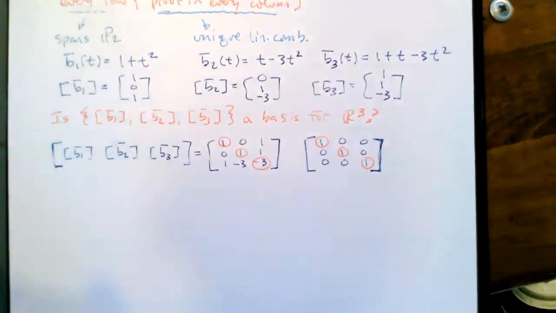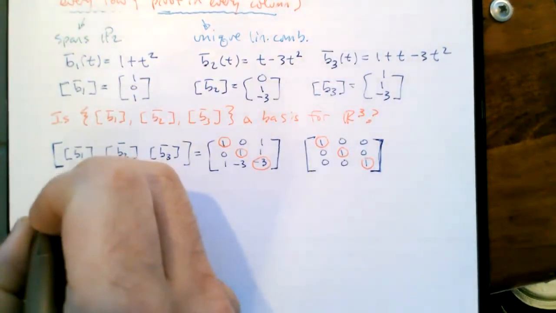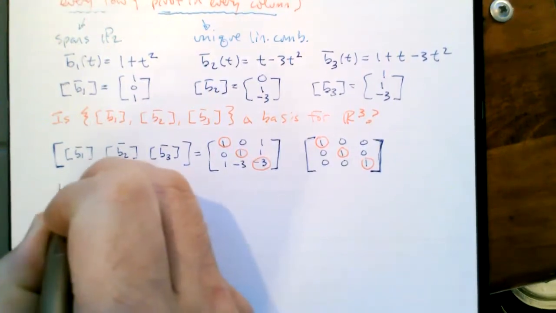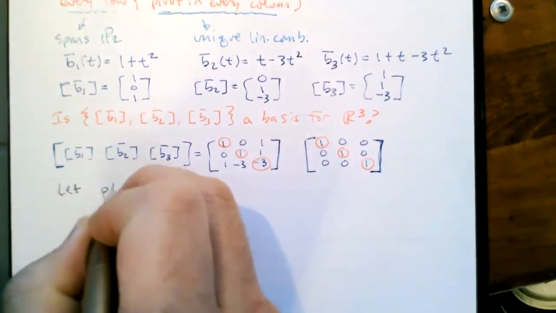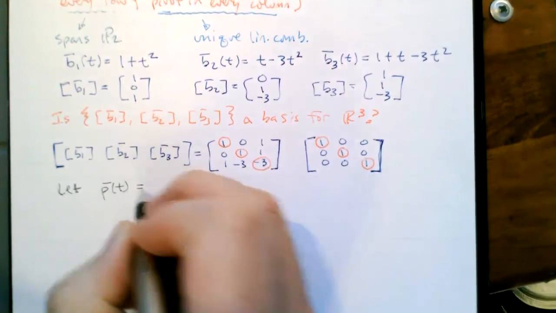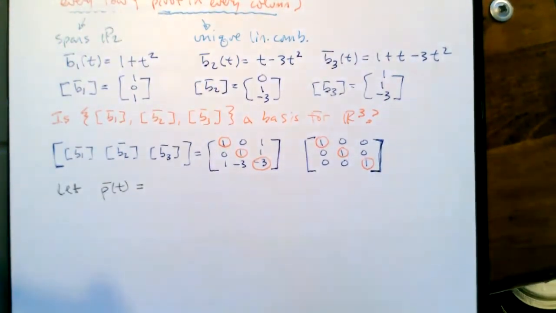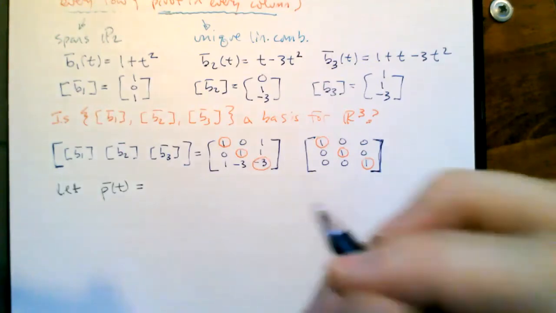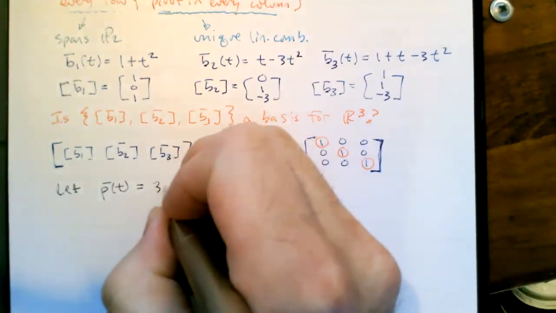Yikes. So let's let P of t be, what did we have before? 3 minus t plus 2t squared.